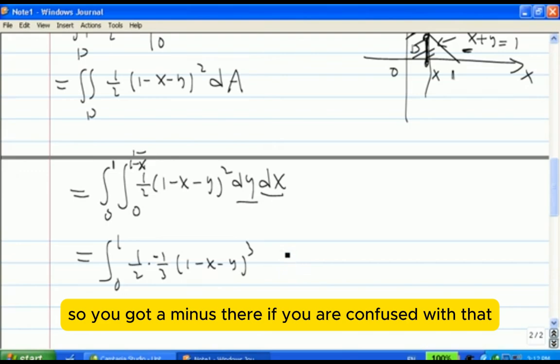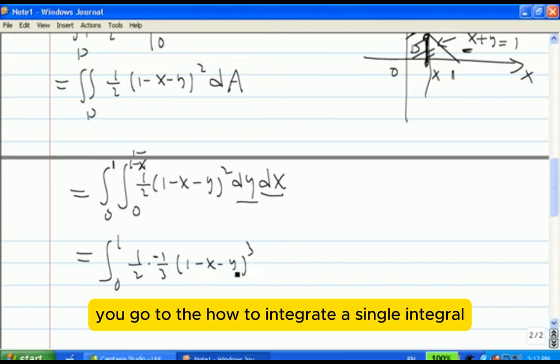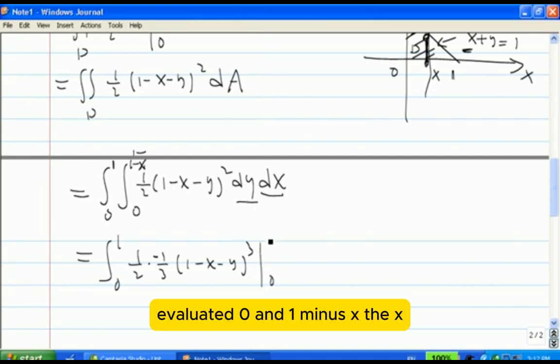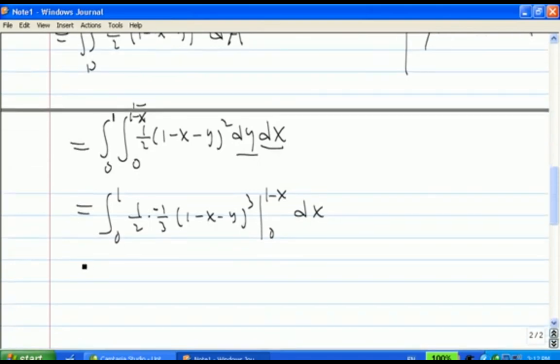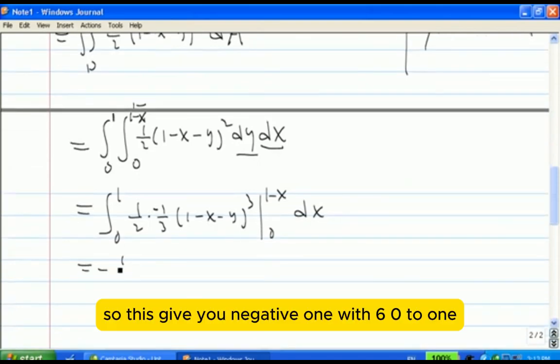If you are confused by that, go back to how to integrate a single integral. Evaluate at 0 and 1 minus x, dx. So this gives you negative 1 over 6, 0 to 1.